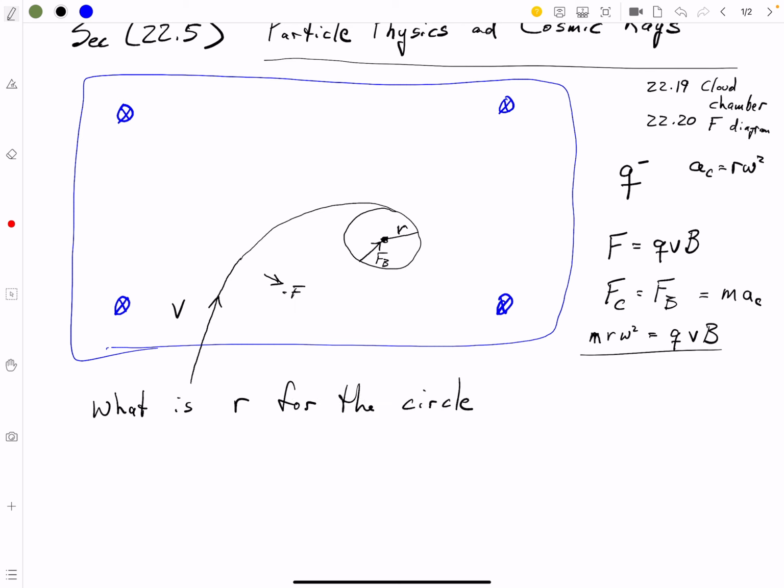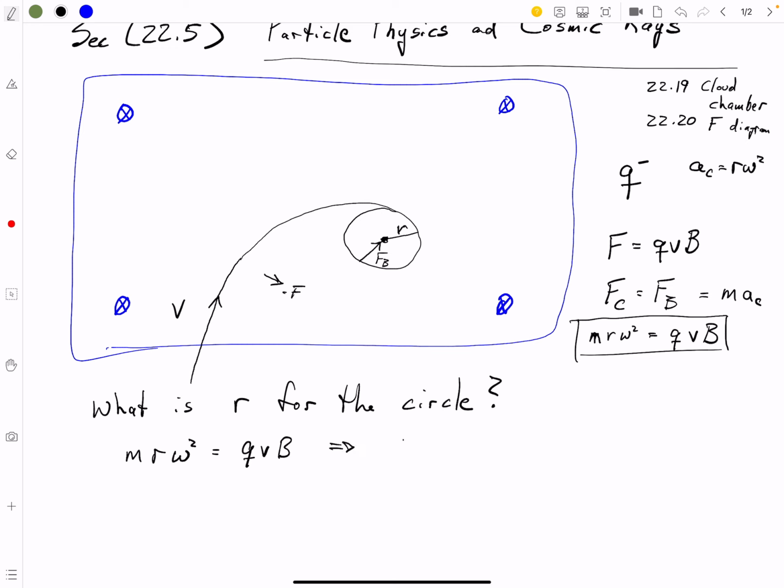What is r for the circle? Well, we're going to take this equation and solve it for r. So m r omega squared equals QVB. That's going to give us r equal to QVB over our mass times omega squared.